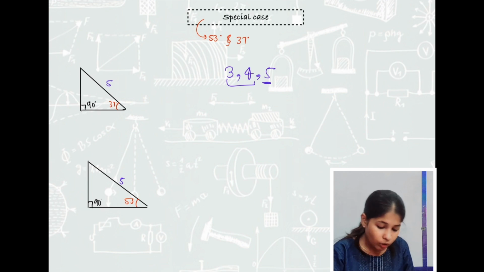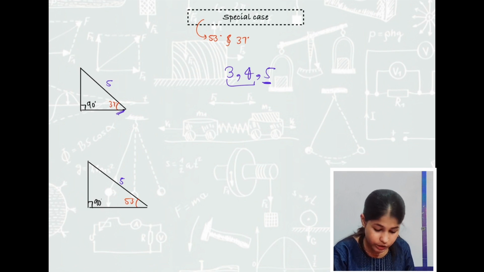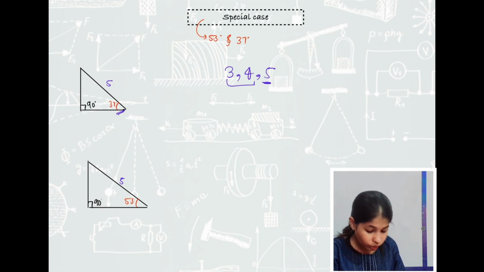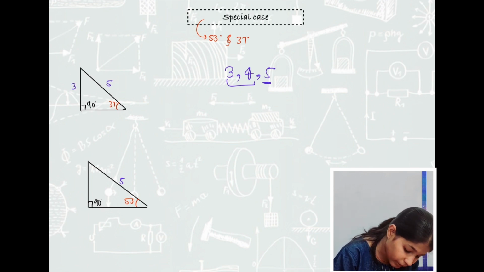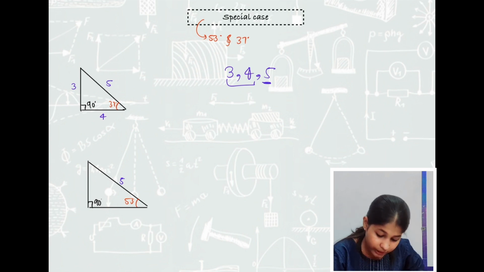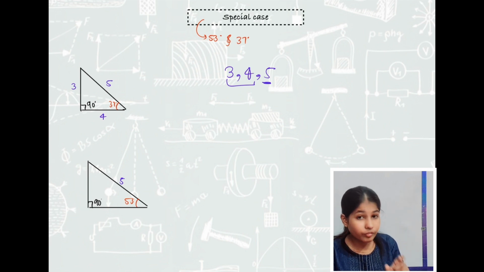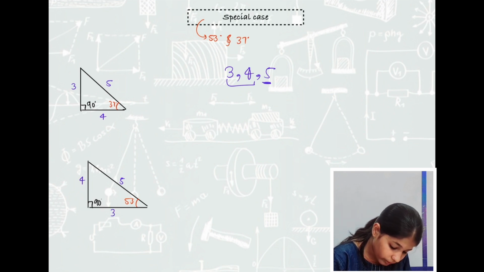Because 37 degrees is a smaller angle than 53 degree, for the smaller angle there will be the smaller side. Here it will be 3 upon 4. Why? Because 37 degrees is a smaller number, whereas 53 degree is a bigger number. So it will be 4 upon 3.